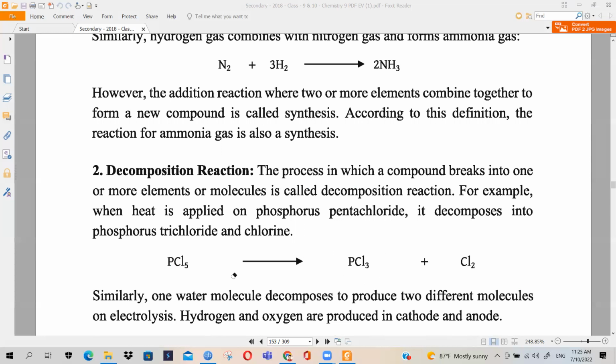So phosphorus pentachloride has divided into two parts. In one part, there are only two chlorine atoms which made a chlorine molecule. And then you have one phosphorus and three chlorine to make a phosphorus trichloride molecule. This is how a decomposition reaction works.